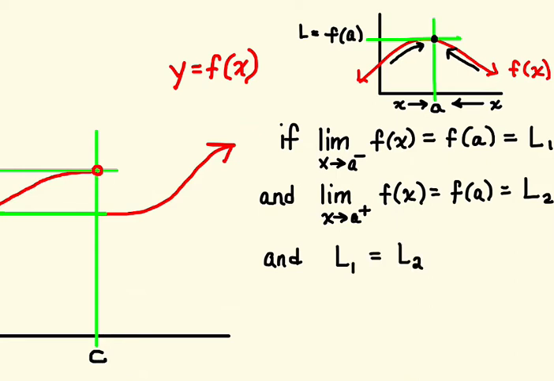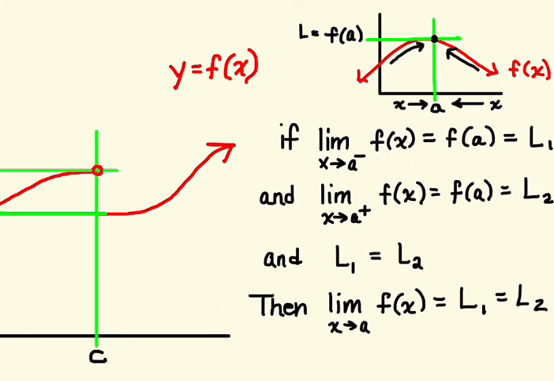So if it exists from the left and it exists from the right, and the two limits are the same, then the following is true. Then it is true that the limit as x approaches a, and this is not a right or left-hand limit, this is the total limit, the limit as x approaches a of f of x exists, and it's actually equal to limit 1 and limit 2.